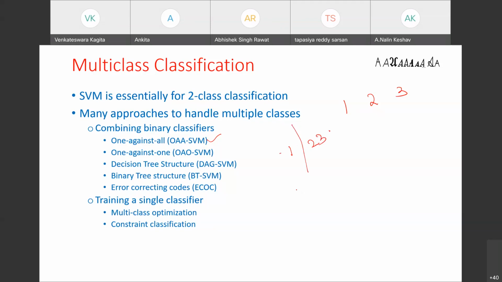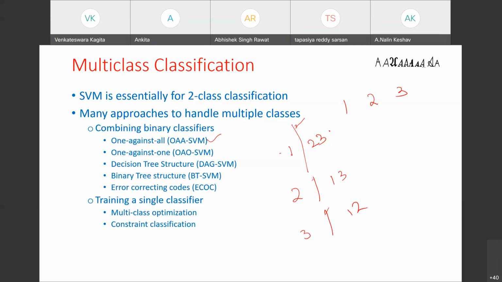Another classifier it learns between 2 and 1, 3. Another classifier it learns between 3 and 1, 2. If the first classifier is more confident that it belongs to class 1, then it will classify as 1. If the second is more confident that it belongs to 2, then it classifies as 2. If the third is more confident that it belongs to class 3, then it classifies as 3. So this is how it classifies.